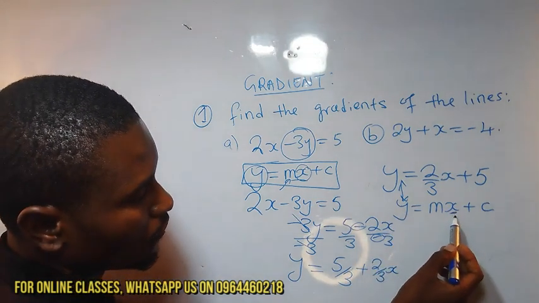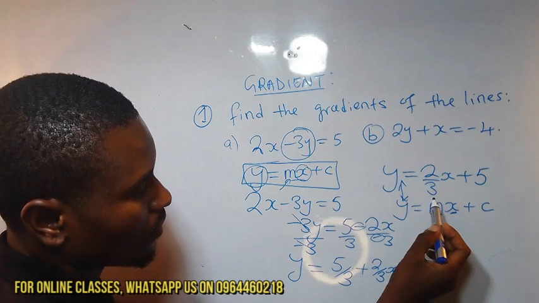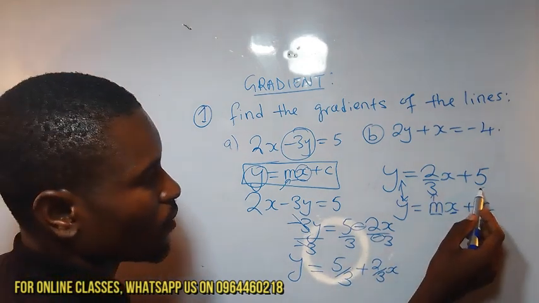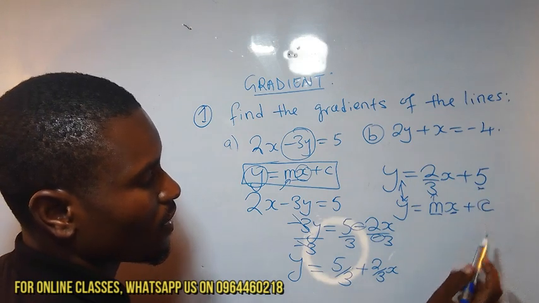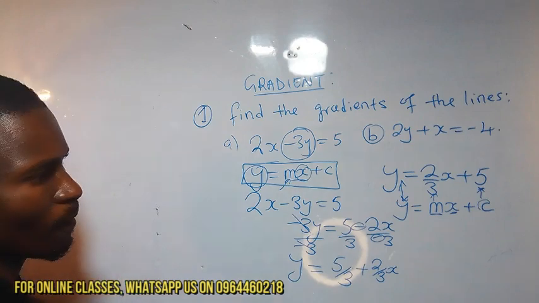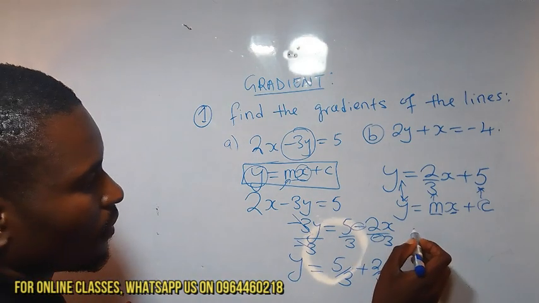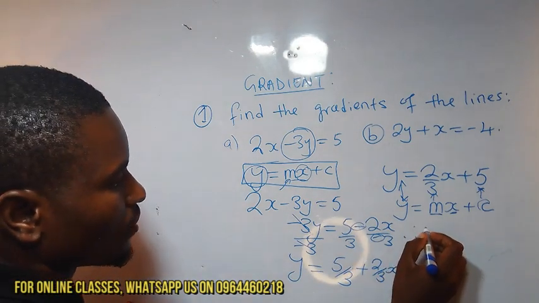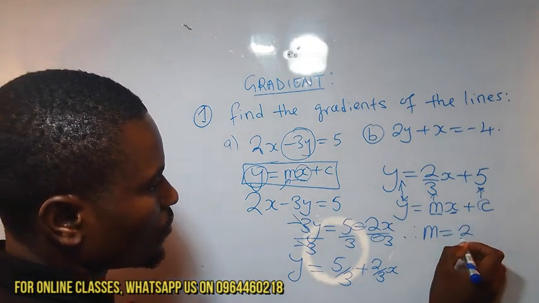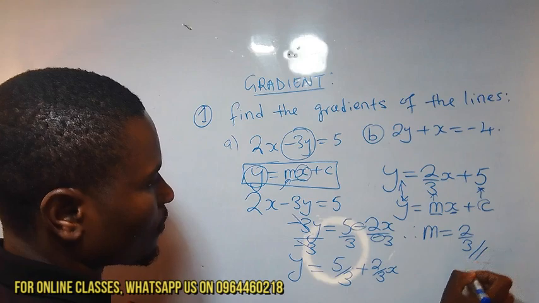The coefficient of x, which is m, is this one, and that is the gradient. And c, which stands for the constant, is the 5 over 3 there. Therefore, the gradient is equal to 2 over 3.